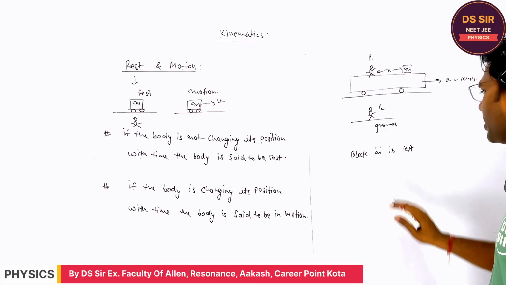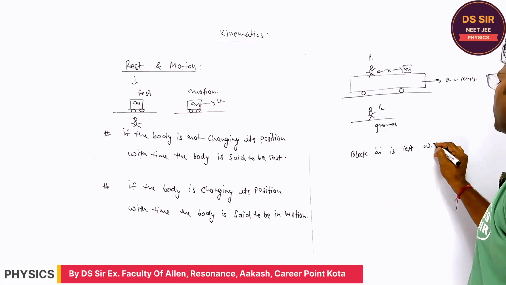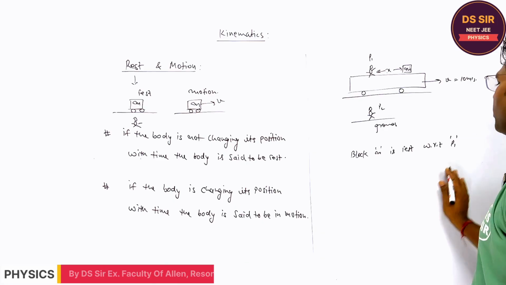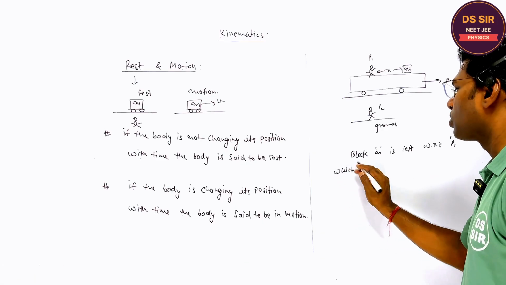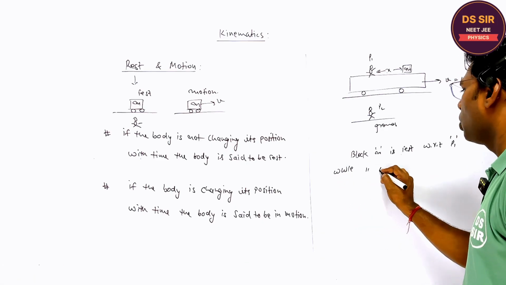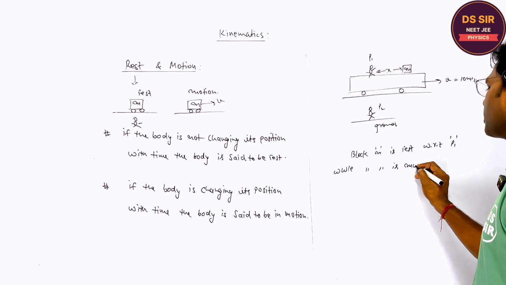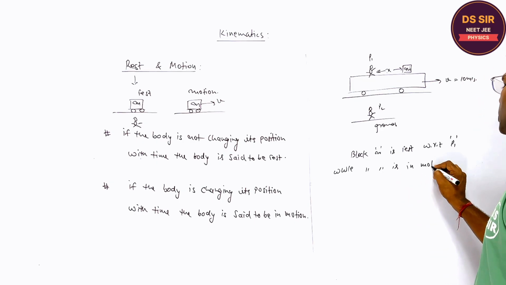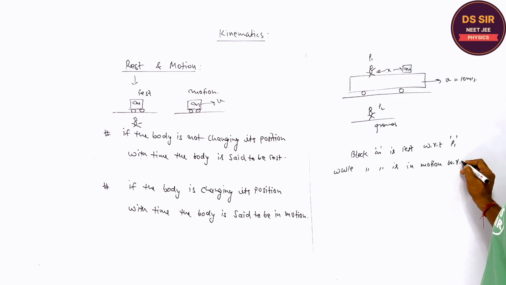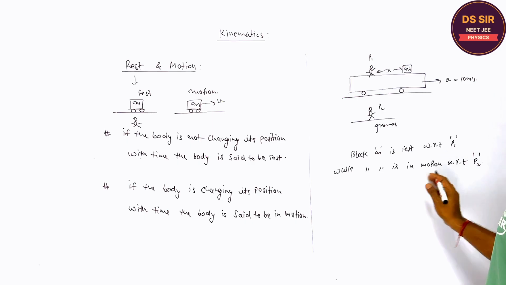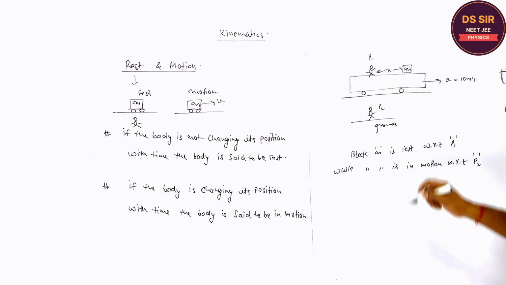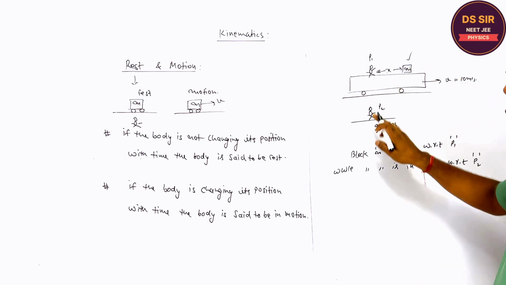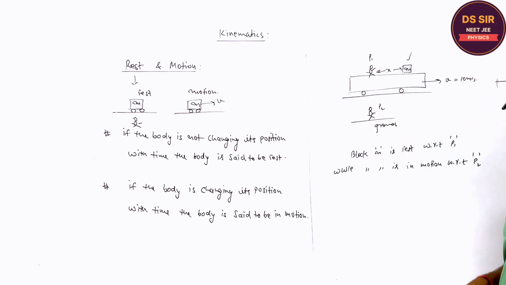It is said to be at rest with respect to P1, while the same block M is in motion with respect to person P2 on the ground. So the same block is at rest and the same block is in motion.